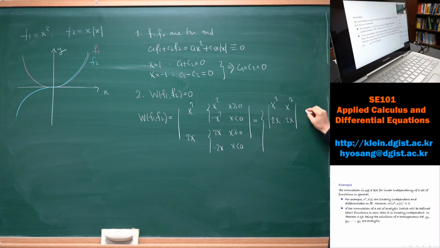And when x is less than 0, this is x squared, minus x squared, 2x, minus 2x. Right. Less than 0, right?